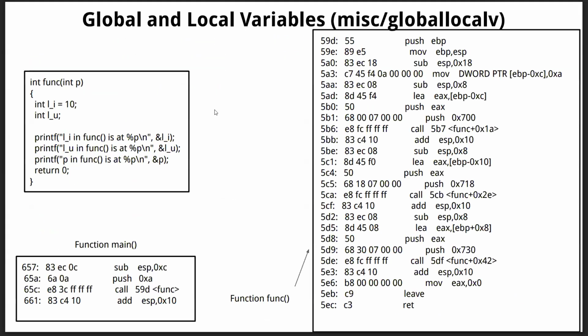You can see here, before that call instruction, we have a push instruction, and you push a value which is A in hex. That is 10 in decimal. So we are pushing 10 here, then we call this function. Then the next instruction to execute will not be this add. Instead, it will be the function's first instruction, which is this part.